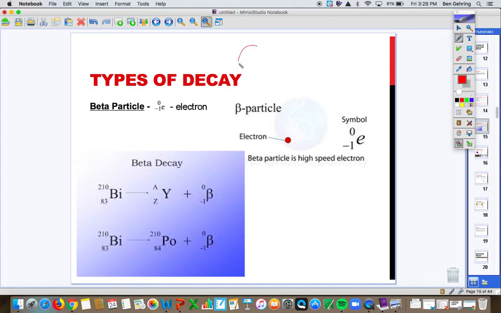A proton and a neutron are made up of smaller subatomic particles called quarks. There are two kinds of quarks. They call it an upspin quark and a downspin quark.